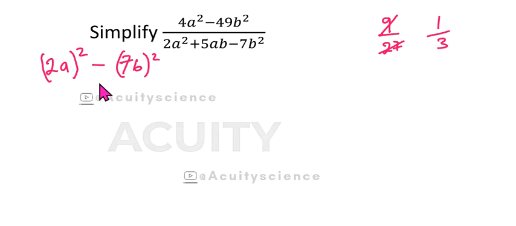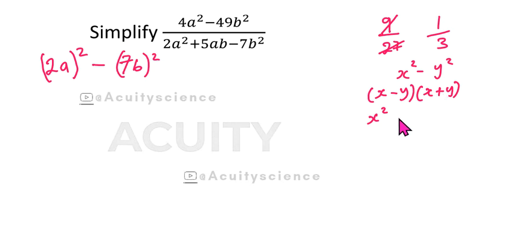Okay, why did I do that? Because these are perfect squares, I already have a hint that this would be a way to get something like this. If you have x squared minus y squared, you know that if you go x minus y and x plus y and you expand, x times x, you have x squared, x times y, you have plus xy, minus y times x, you have minus xy, then you have minus y squared.